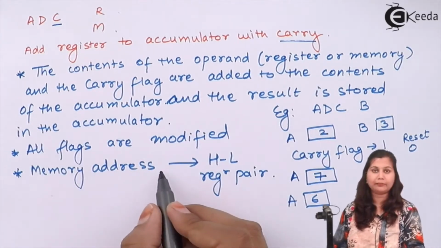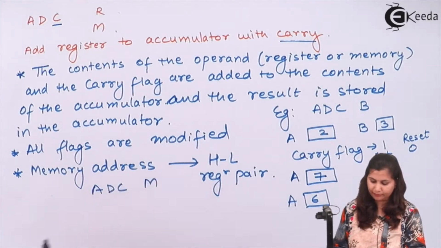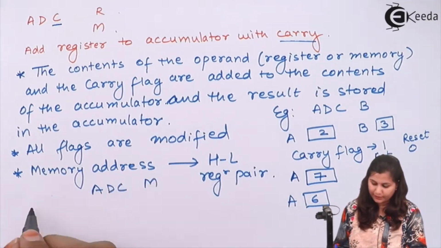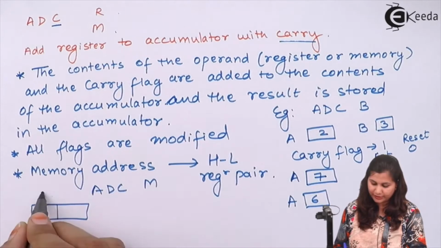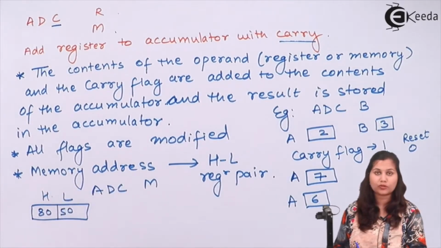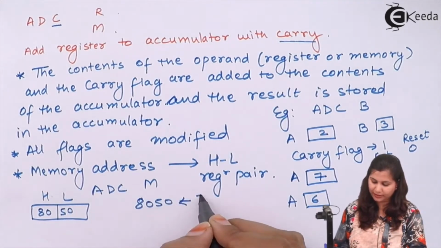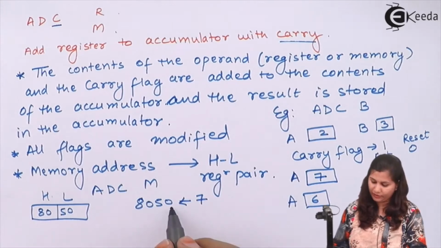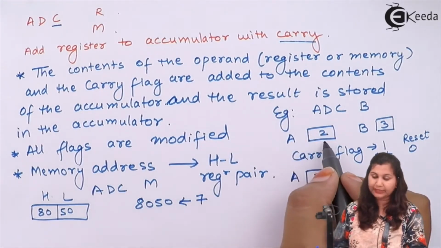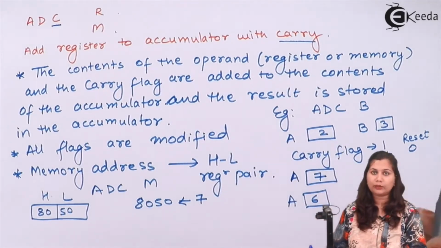Now if we are having a memory address, suppose we are having ADC M. So M is the address in the HL register pair. HL will have 8050, suppose. So 8050 memory location is having the number 7, and the accumulator has 2 and carry flag has 1. So 7 plus 2 plus 1, it will be 10.